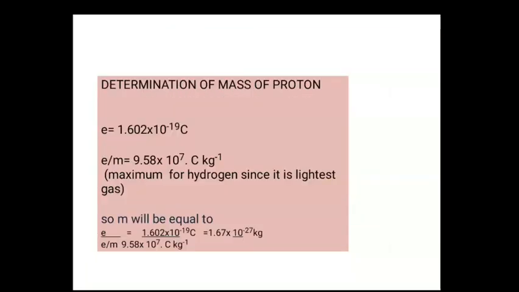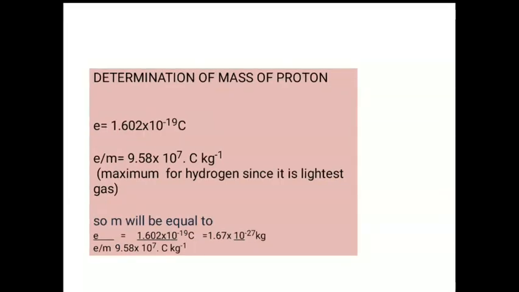Now next is determination of mass of proton. The mass of proton was calculated again by dividing the charge by charge to mass ratio.